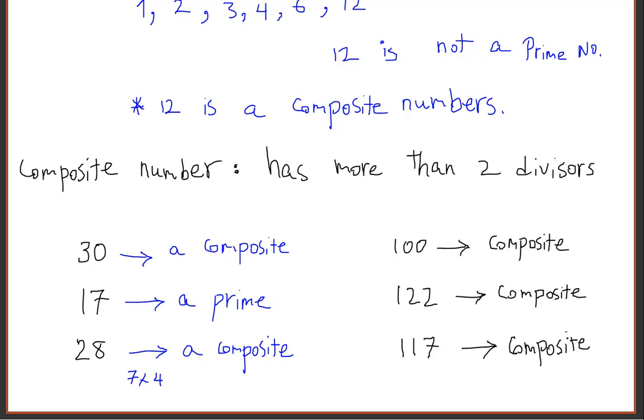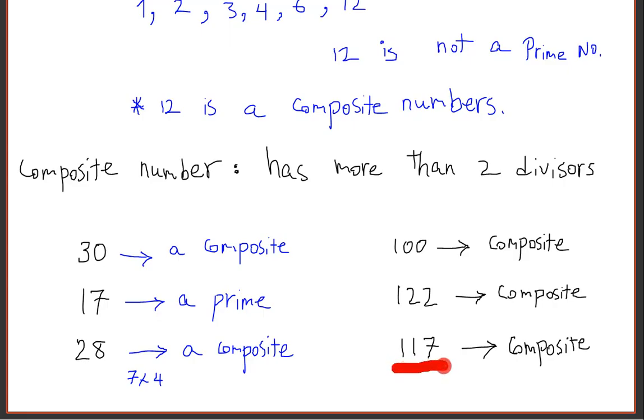No. To decide if a number is composite or prime, you need to check the divisors. Is it divisible by 3? I told you how we can check if it is divisible by 3. If the sum of digits is divisible by 3, it is divisible by 3.